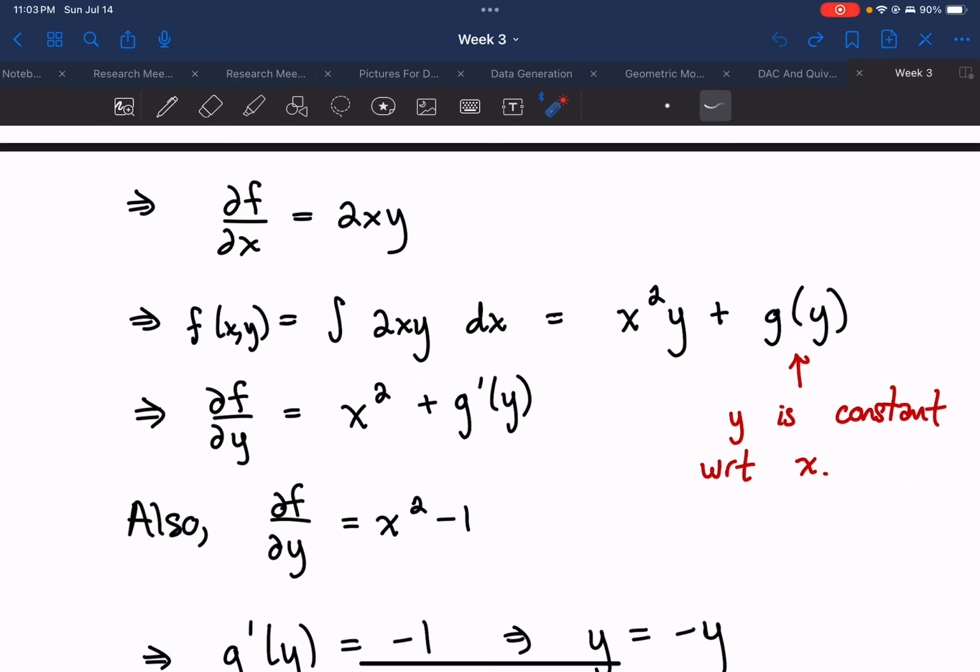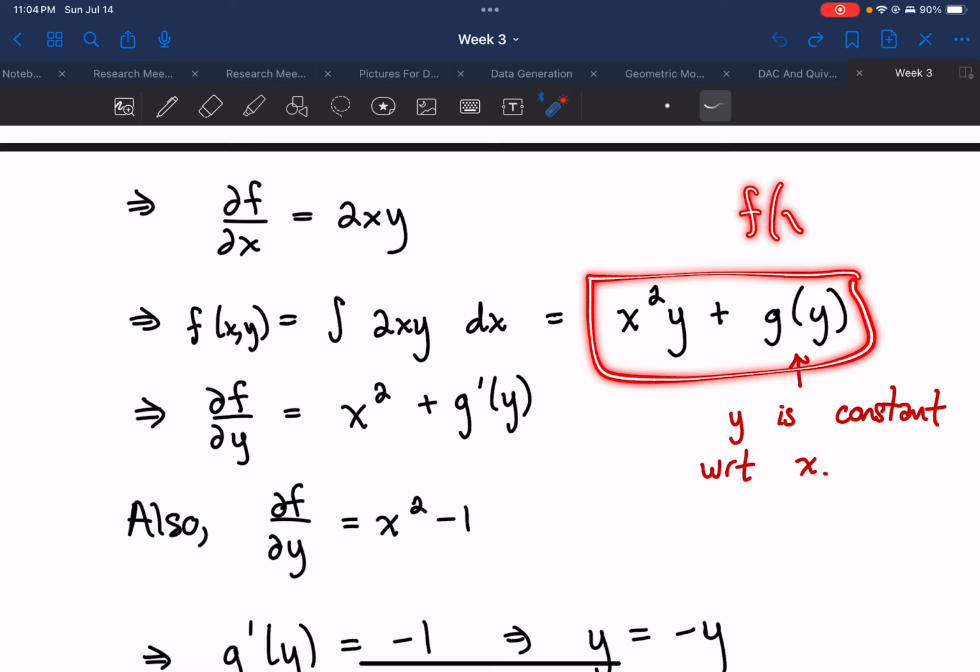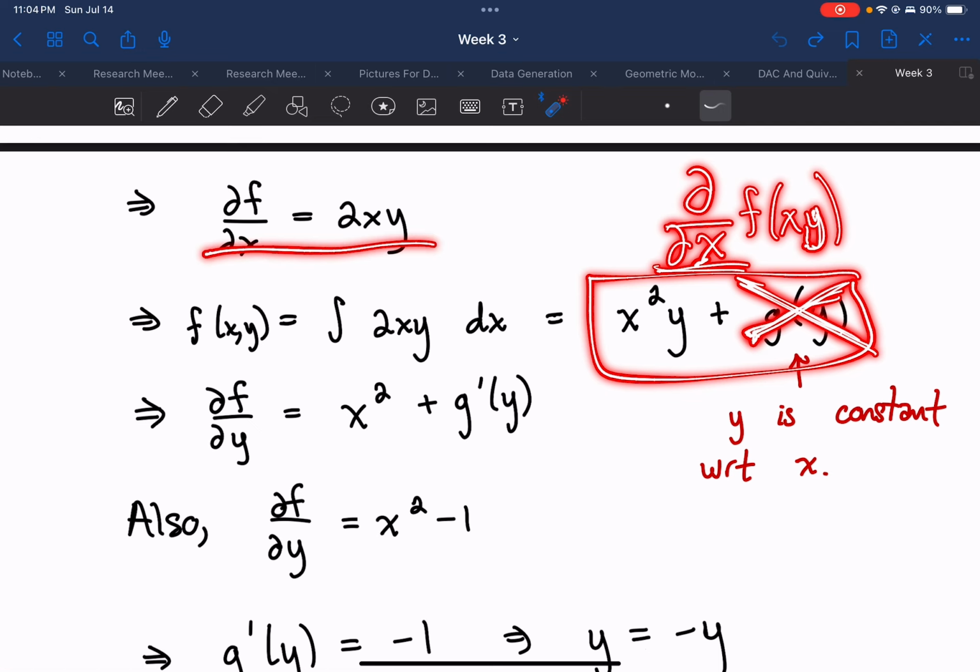If you call this f of x and y and take its partial derivative dx, this whole g term is going to go away because it doesn't have any x's in it, and you're going to be left with this as the derivative.